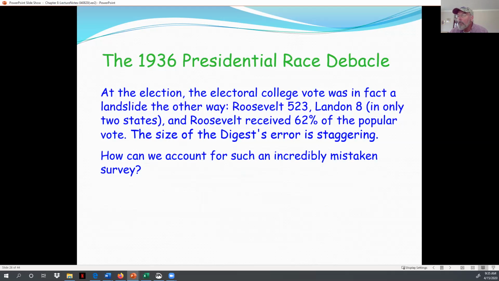So what went wrong with the Digest's predictions? What do you think? They only accounted for automobile ownership when it was still relatively low.